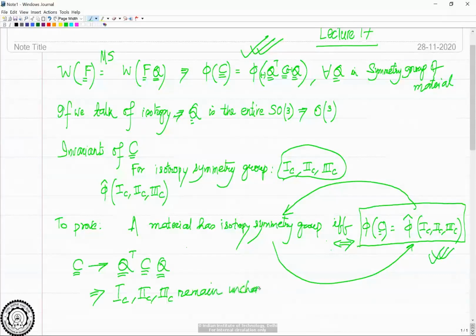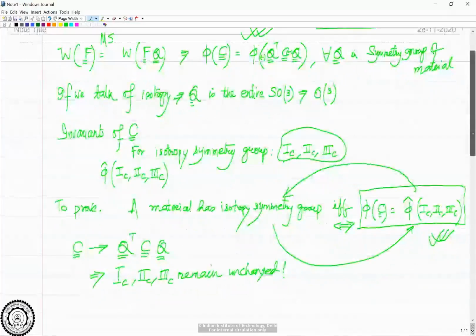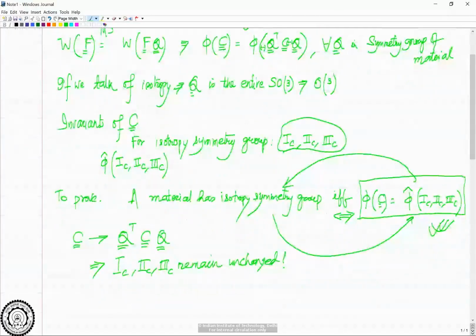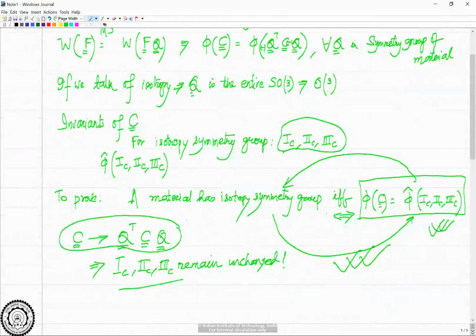This we proved last time. So this establishes this part of the proof. If it has a symmetry group, that means C is changing in this way, then the invariants remain unchanged. So this statement is fine, that phi of C is equal to some function phi hat of I C, II C, III C.